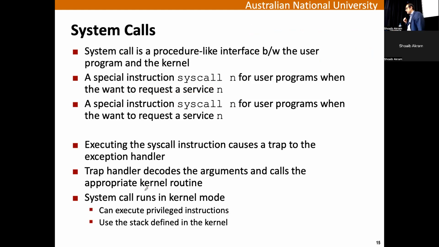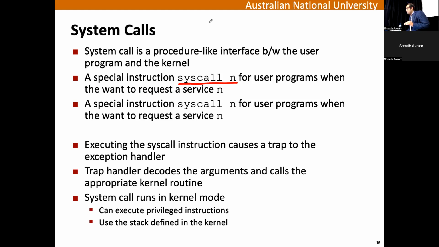So system calls look like an ordinary function call, but the difference is that you are entering the kernel code, you are entering the operating system, and the operating system will do something for you. There is a special instruction to support system calls. So this is support in the instruction set architecture.